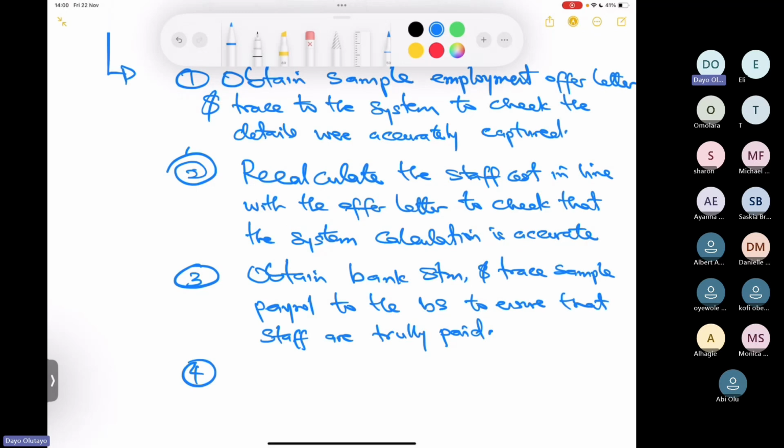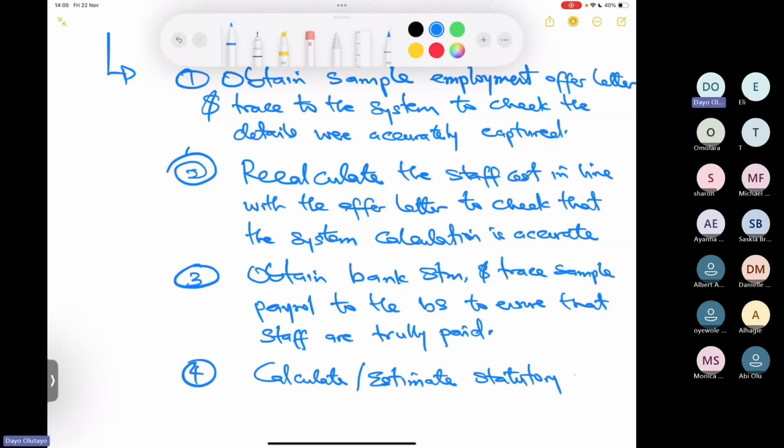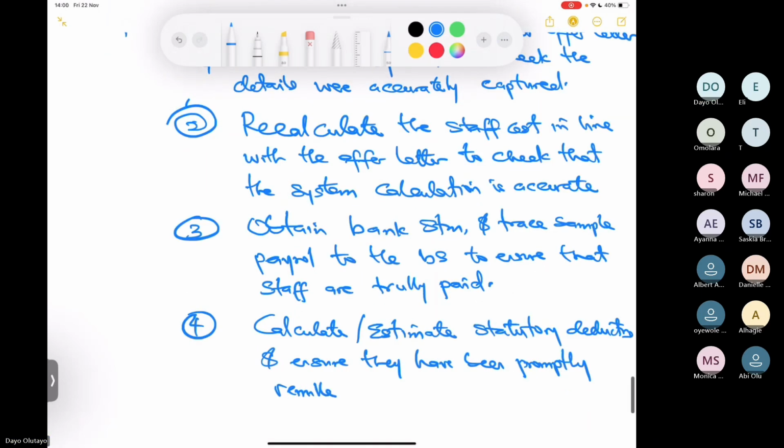And likewise, statutory deductions, you need to estimate them. So you need to calculate or estimate statutory deductions like PAYE taxes and all of that, and ensure they have been promptly remitted to relevant agencies.